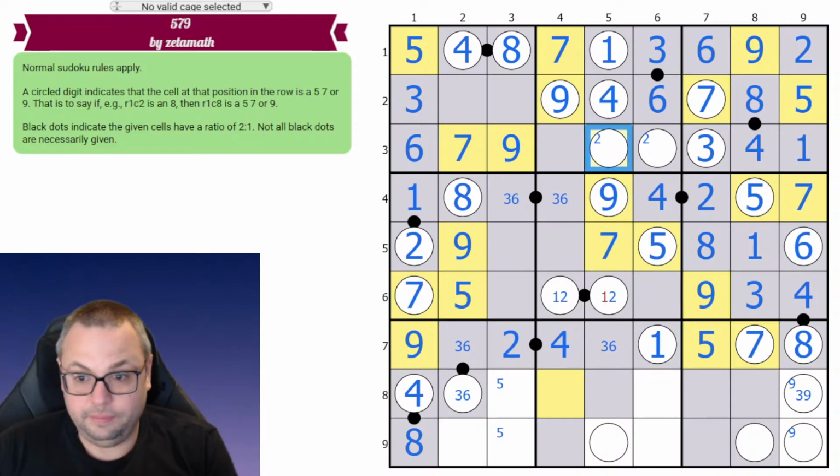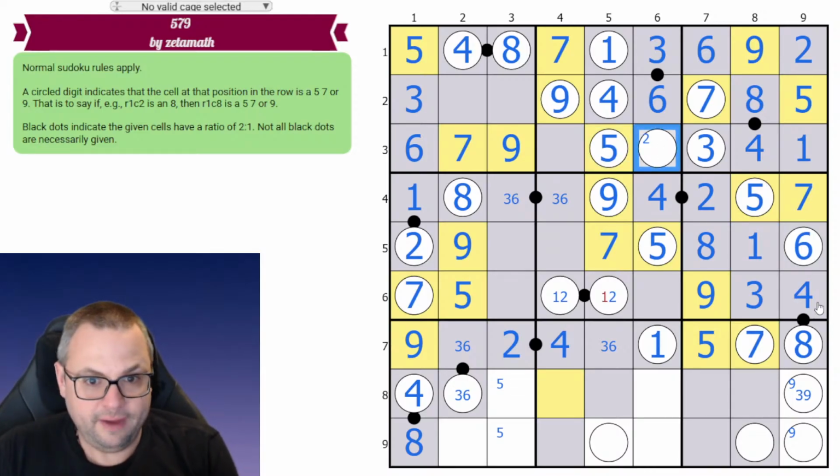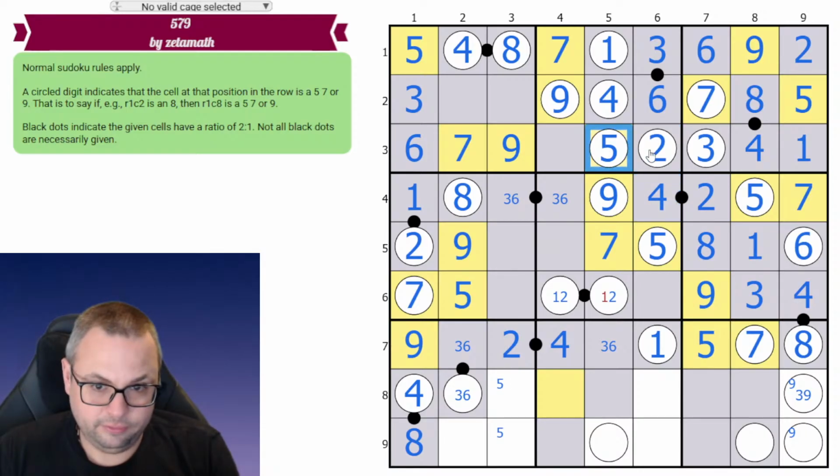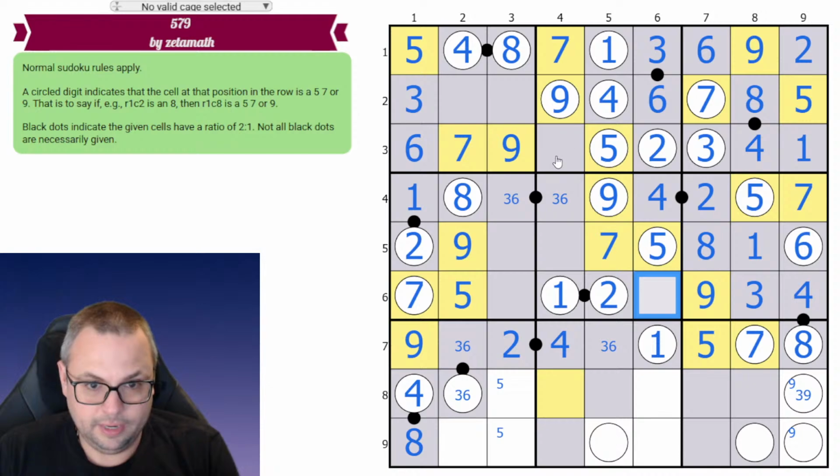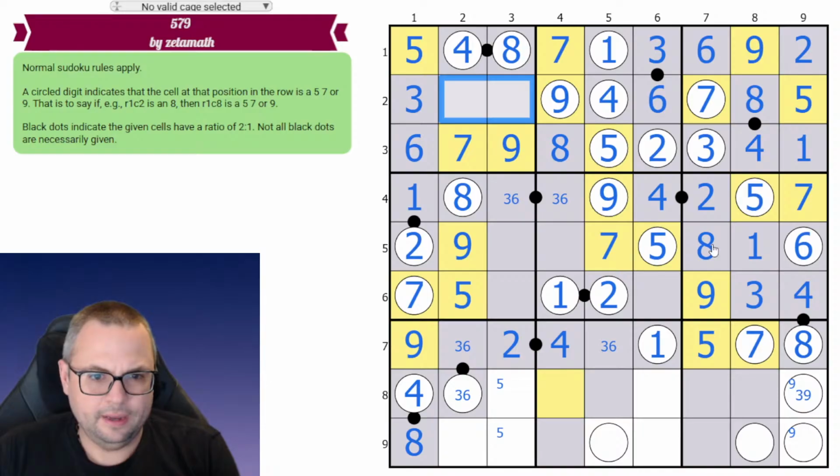So this is going to be the last yellow, so it is going to be a 5. This is going to be a 2 for the row, as previously mentioned. So this is a 2 and a 1. We can probably fill out this box. It's an 8. We can make these a 1, 2 pair, I think.